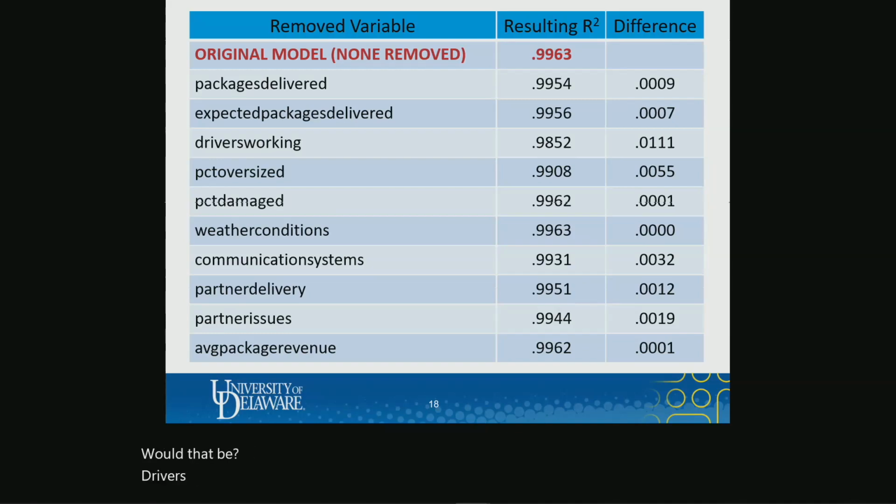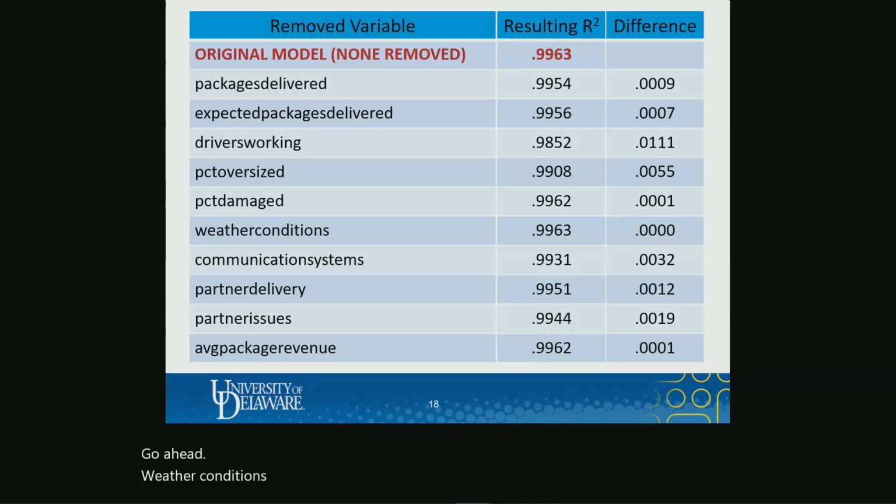Drivers working. It has 0.111 reduction in R squared. Why? So it has the largest reduction in R squared. So when we remove this variable, we lose the most. Weather conditions.